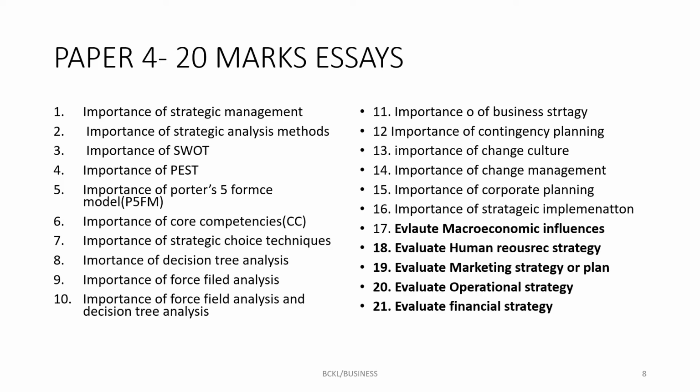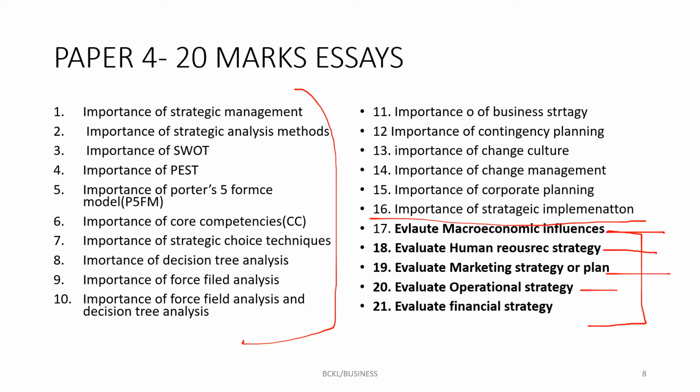So here is paper 4, some of the questions which already came out. For example, 1 to 16 are questions which already came out in the previous papers. And then topics 17 to 21 come from the different chapters that you have in the book, based on unit 1, unit 2, unit 3, unit 4, and unit 5.